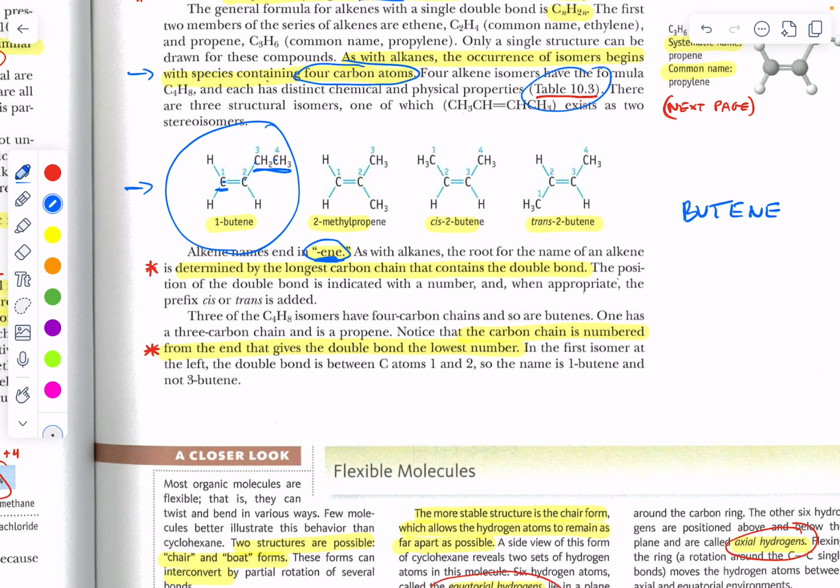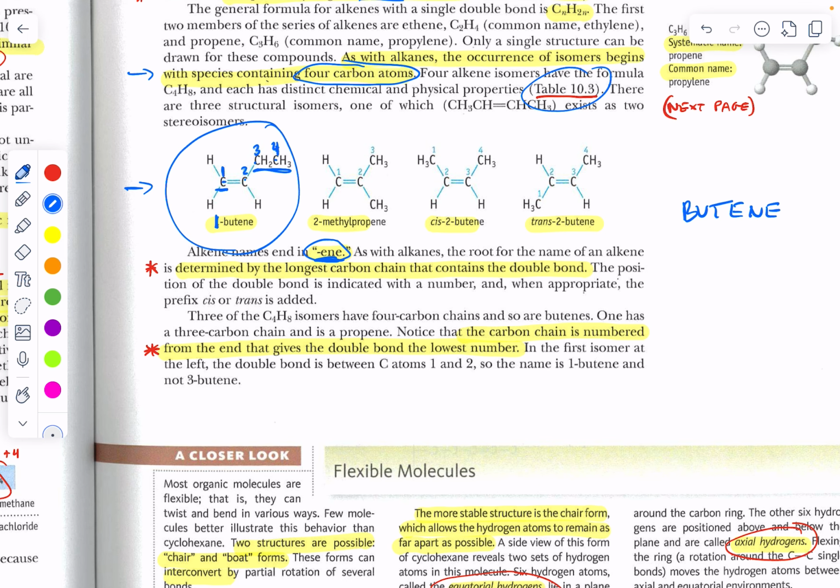So instead of making the right end carbon number 1, we're going to call this carbon number 1 at the left, and the double bond is then between carbons 1 and 2, which makes this carbon number 2, carbon number 3, carbon number 4. And so we have 1-butene, because the double bond is between carbons 1 and 2 of the 4-carbon chain.